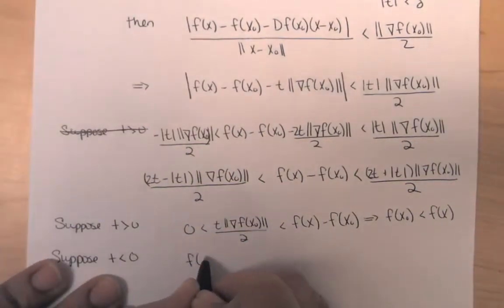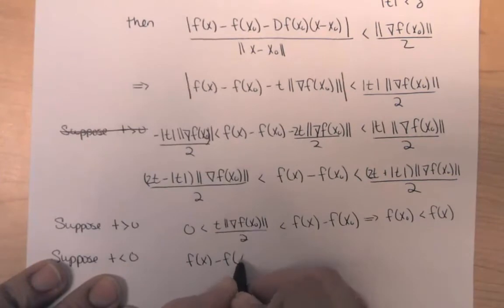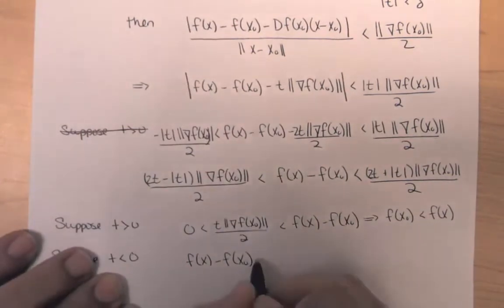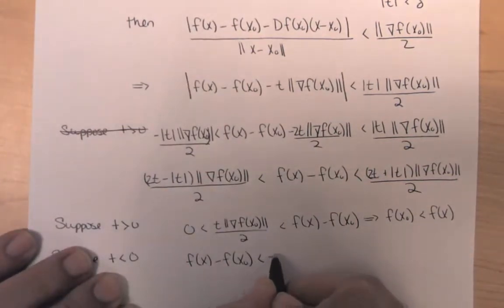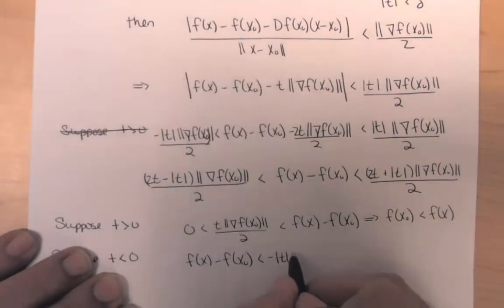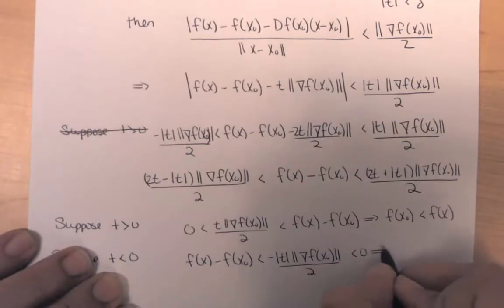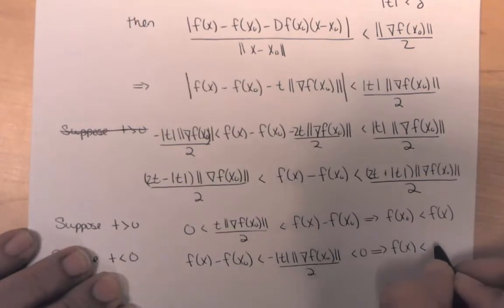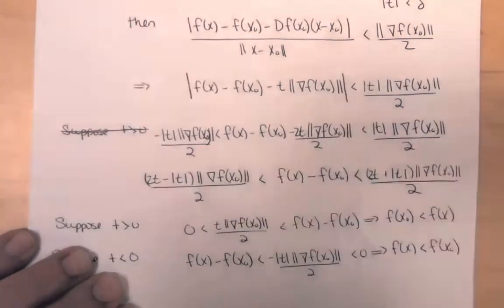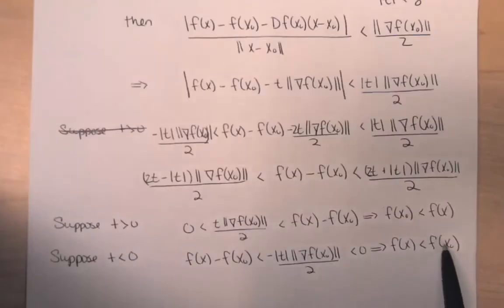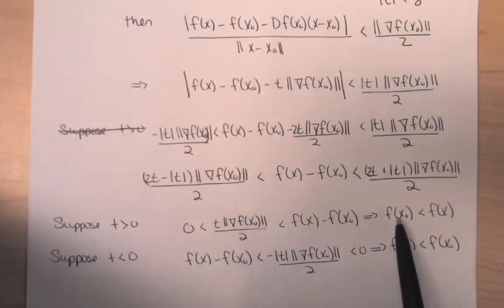Then I would have f of x minus f of x naught is less than negative absolute value of t times the norm of the gradient divided by 2, which is less than 0, implying that f of x is less than f of x naught. That means f of x naught cannot be a local min.